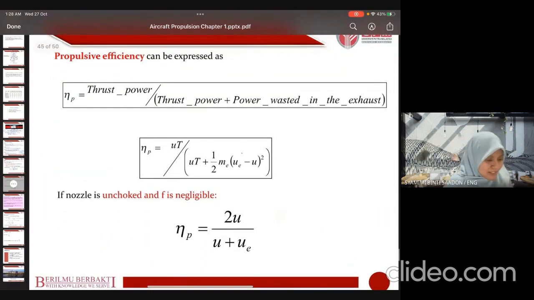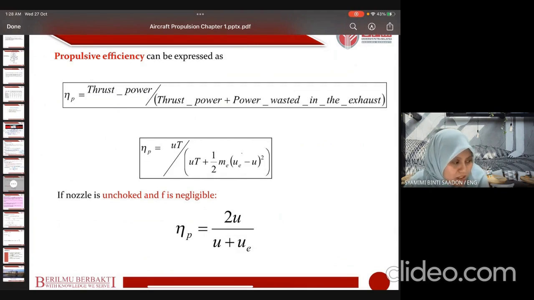So other parameters that are usually used to evaluate the performance of an aircraft engine are propulsive efficiency, noted as ETAP here. Actually there are several different equation methods to calculate propulsive efficiency, but these are some examples.